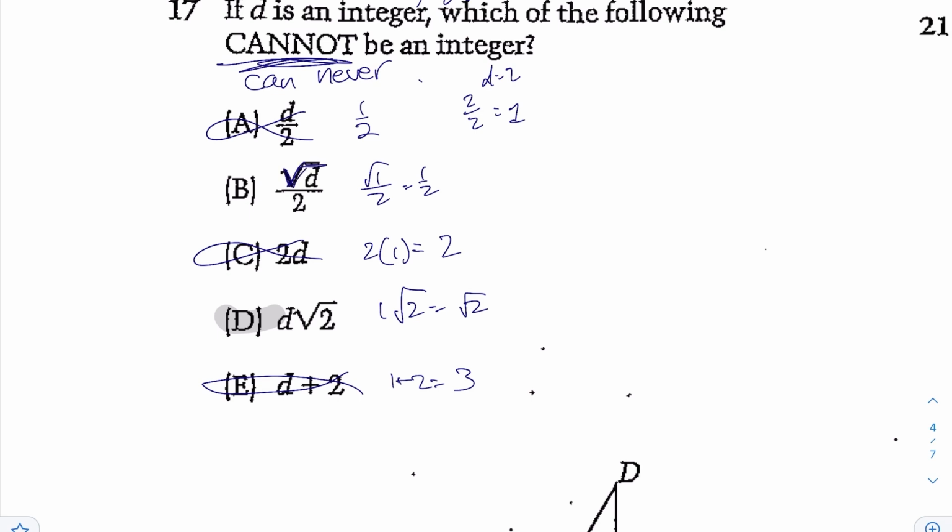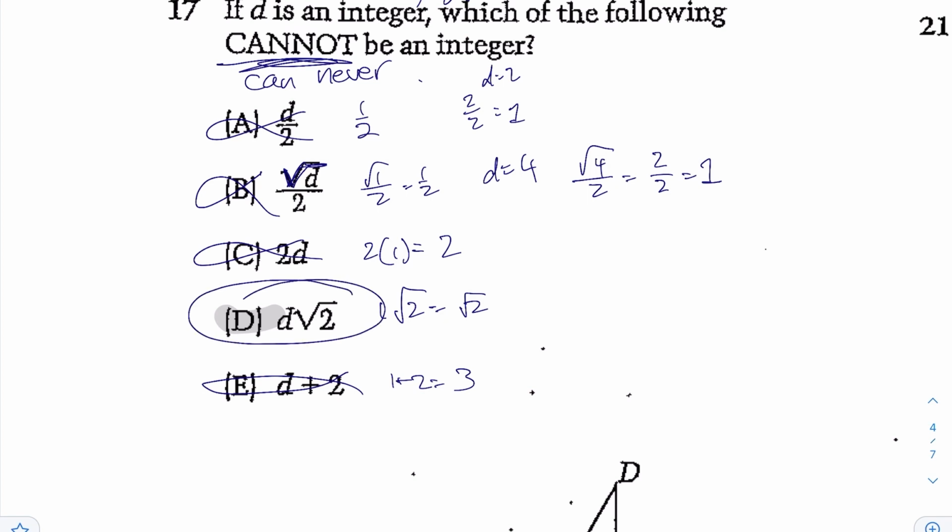Now the square root could also make things a little more complicated, but 1 didn't work, so let's try an even perfect square like 4. Then the square root of 4 divided by 2 would be 2/2, which is equal to 1, which is a whole number. So choice B got disproven if D is a positive, even, perfect square. So the answer has to be choice D.